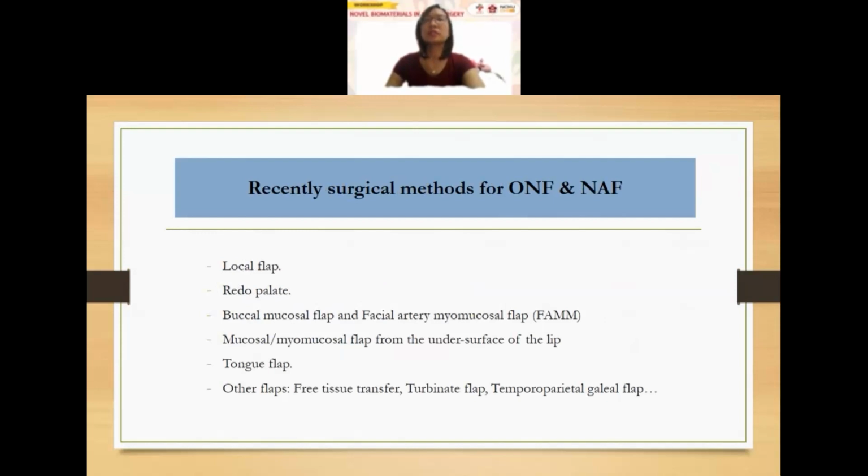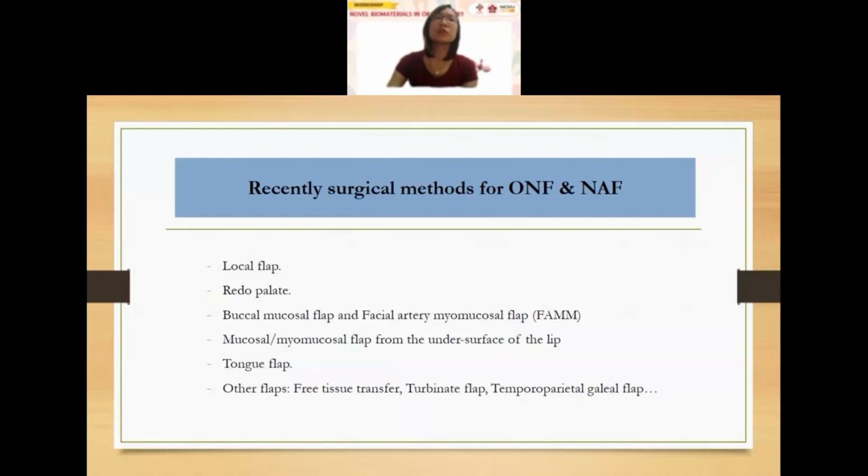There are many methods to close the fistula. They include local flap, redo palatoplasty, buccal mucosal flap, and facial artery myomucosal flap.